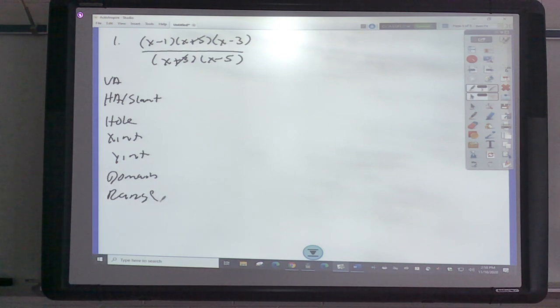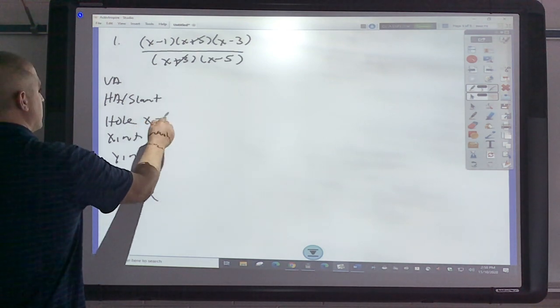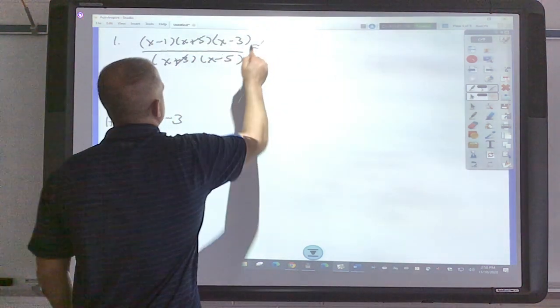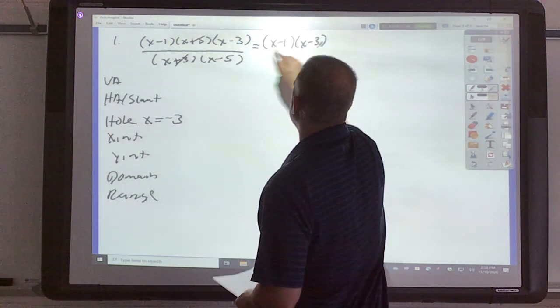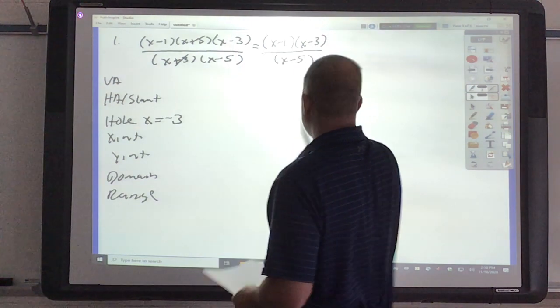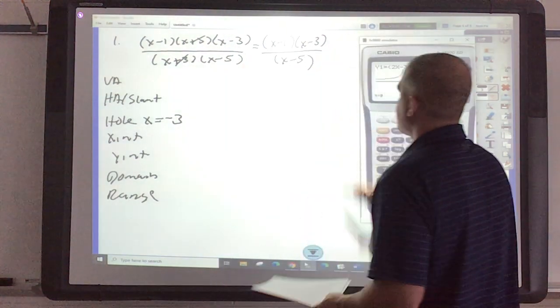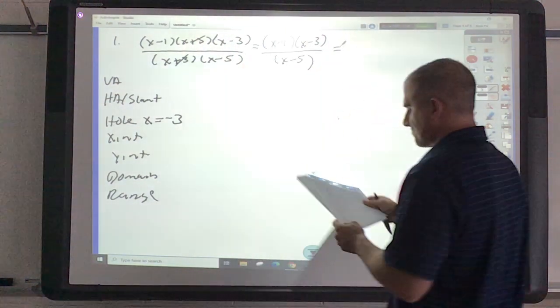Okay, so my hole would be at x equals -3. I'd be left with x minus 1, x minus 3 up top, with x minus 5 in the bottom, if you prefer.